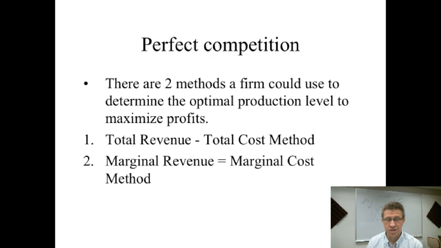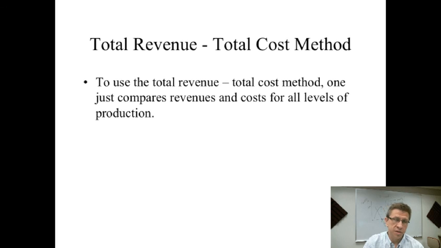The total revenue minus total cost method's a bit more clunky, especially if you would choose to move up in your economics education beyond the principles level. But we do study the total revenue minus total cost method first, and these methods should give you the identical answer. Right? When you go through this, both of these methods should give you the identical answer.